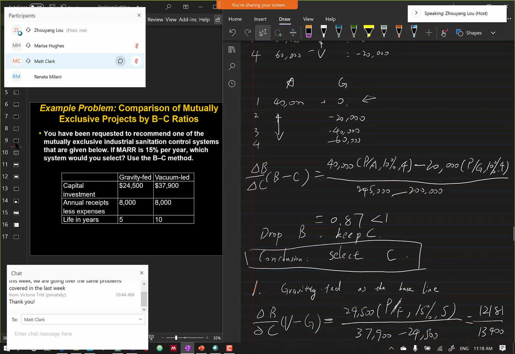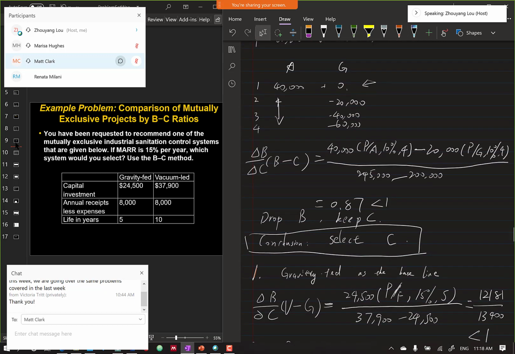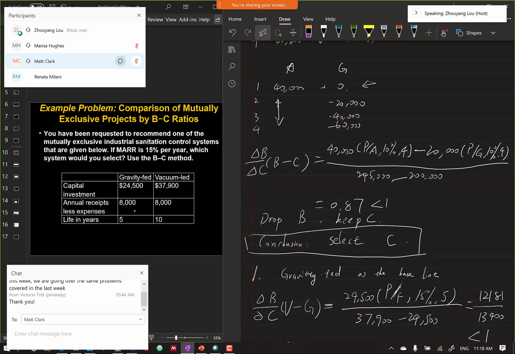I think the conclusion should be the same. So you can still try to calculate the benefit for each and the cost for each, and calculate the incremental benefit and cost.